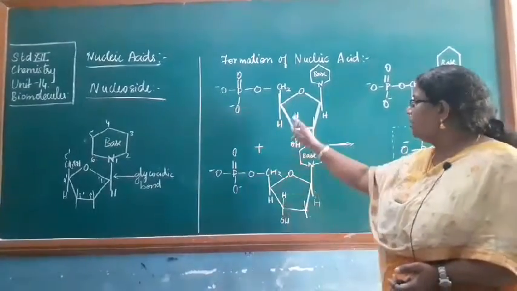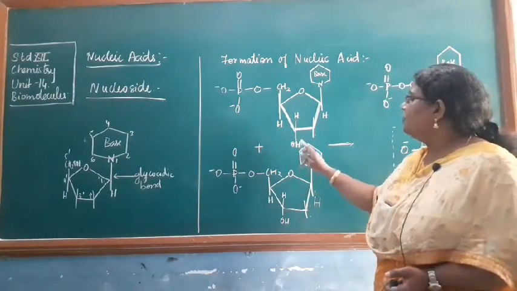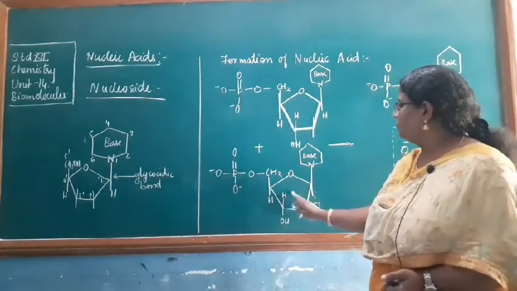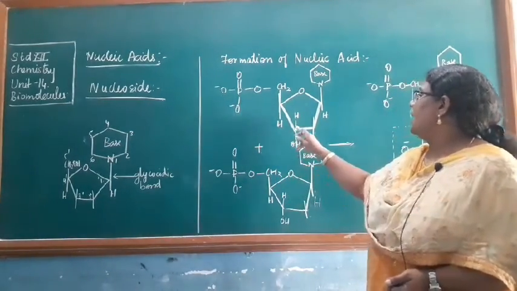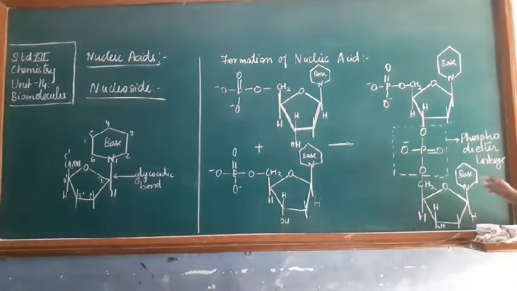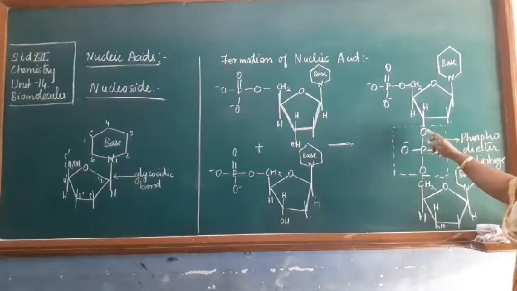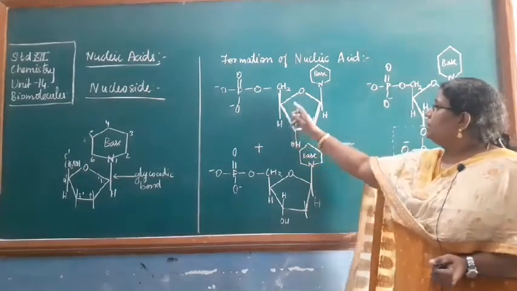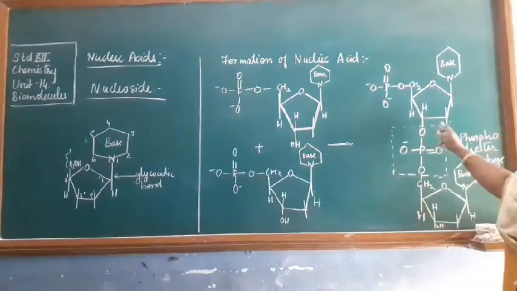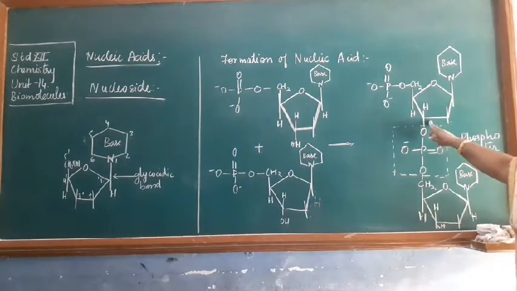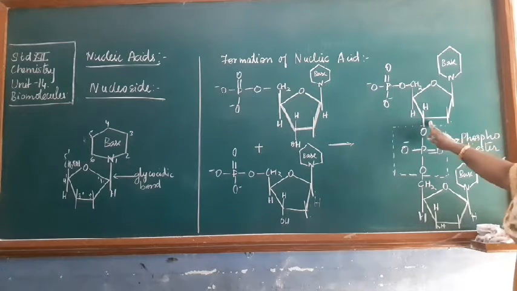They will be bonded together by a phosphodiester linkage at carbon 5 of one nucleotide and carbon 3 of the other nucleotide. Are you observing? Here a phosphate ester linkage will be formed. This linkage is formed between which two carbon atoms, you can observe here.